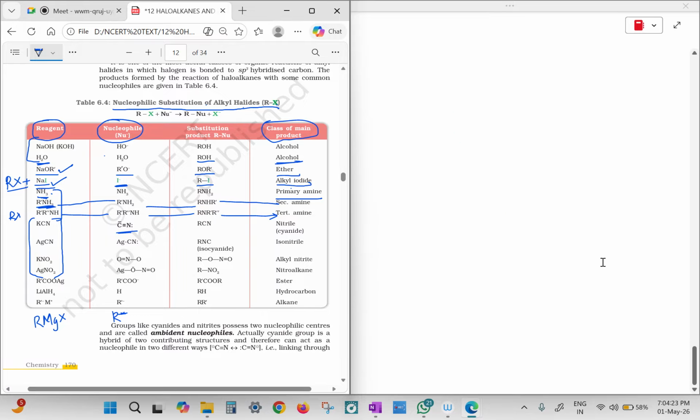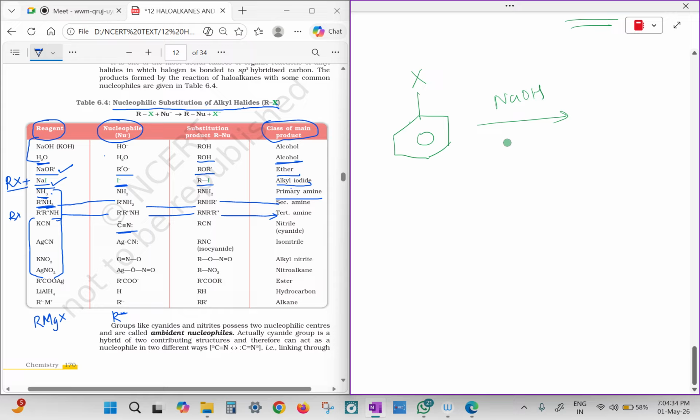And remember, aryl halides will never undergo such substitutions easily. You cannot expect any one of them to react with NaOH at room temperature, nothing happens. But if you use 623 Kelvin and 300 atm pressure, then it gets replaced with O minus Na plus, and you treat it with H plus in the subsequent step, and this will become the phenol.